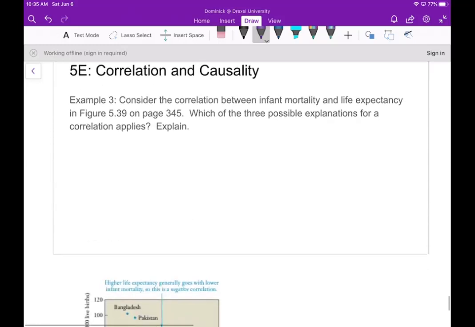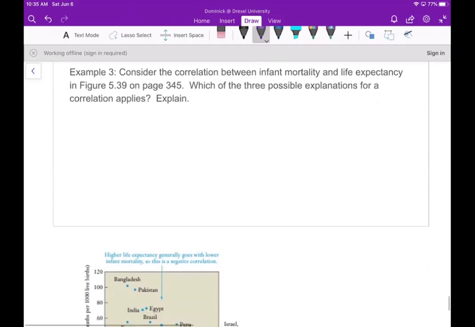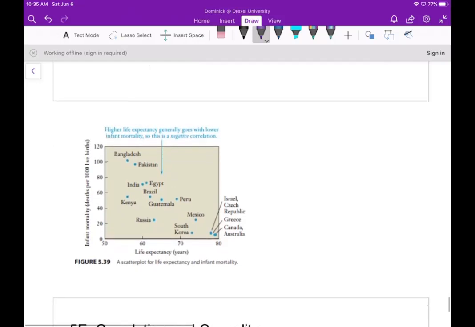Okay. Now consider the correlation between infant mortality and life expectancy, which is the graph that we already looked at. Now, which of the three possible explanations for a correlation applies? Okay. Now in here, as the life expectancy increases, the infant mortality is going down, right?